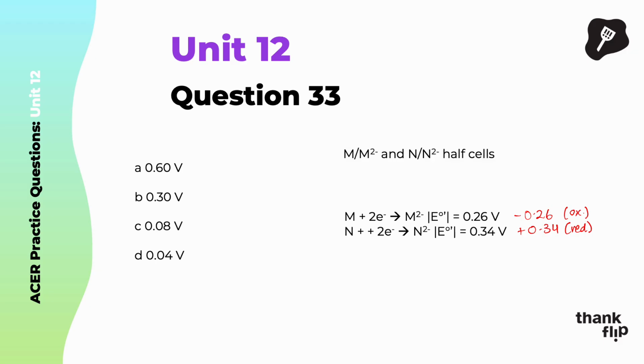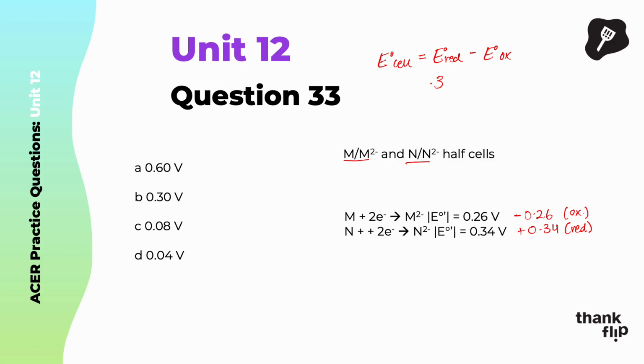Just clearing the board again, now we have our reduction potential values, and the question is asking what would be the cell potential of a cell with these two half cells combined. For that, we have our equation that we've used before, and what you would do there is just find the difference.